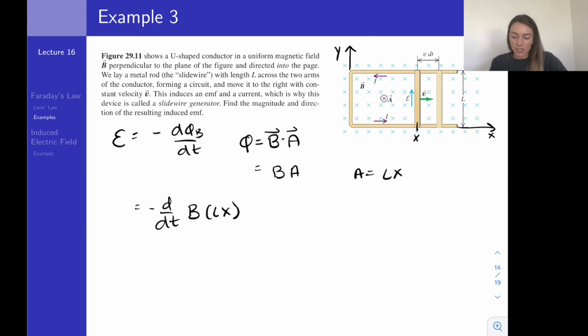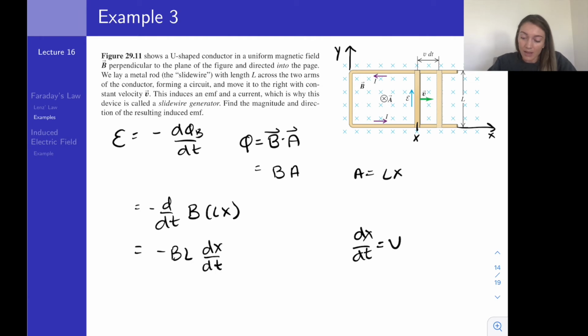So now what's changing here? Like we said, our B is not changing, our L is not changing, but our x is changing. So this time derivative falls on this x here. So let's write it this way. And now, what is dx dt? Well, dx dt is velocity. And we have the velocity.